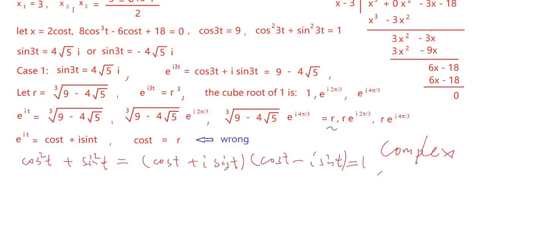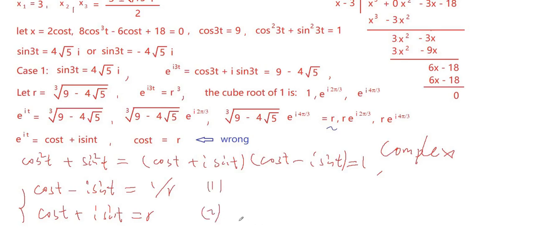And cosine t plus i sin t, we know it is e to the it, we can say it is R. So cosine t minus i sin t equal to 1 divided by R. And we combine with cosine t plus i sin t equal to R, and we immediately get 2 cosine t equal to R plus 1 divided by R. And x1, the first root, is 2 cosine t, so it is R plus 1 divided by R.